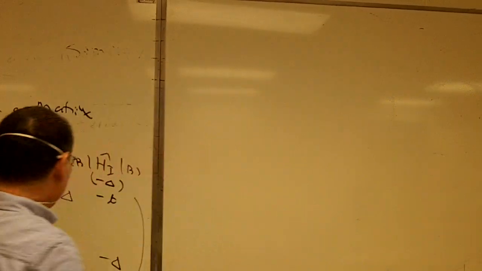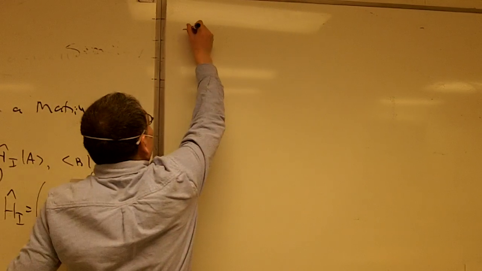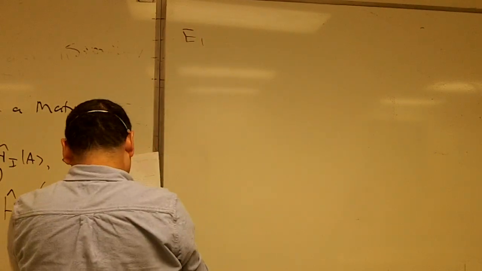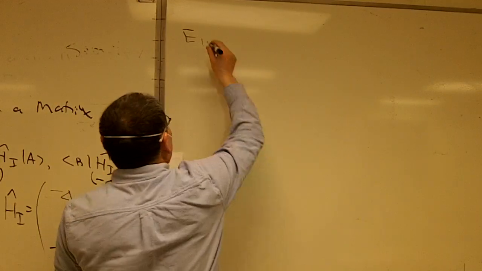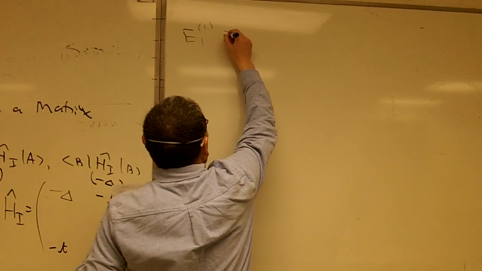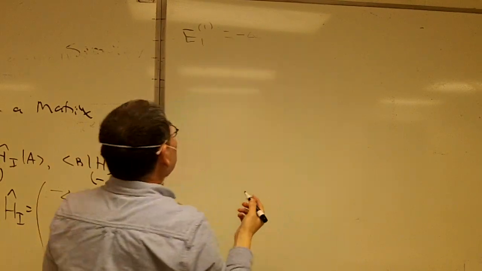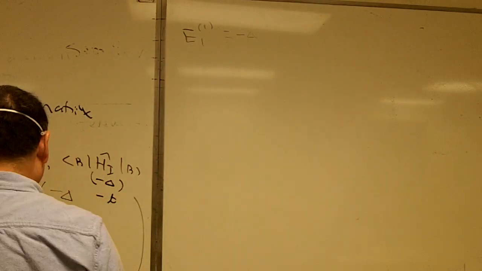So now, when you diagonalize this matrix, you get two values. You get an E1, the first order, put the 1 on top. That's first order. And one will be lower, which we'll call E1 equals negative t, minus delta.